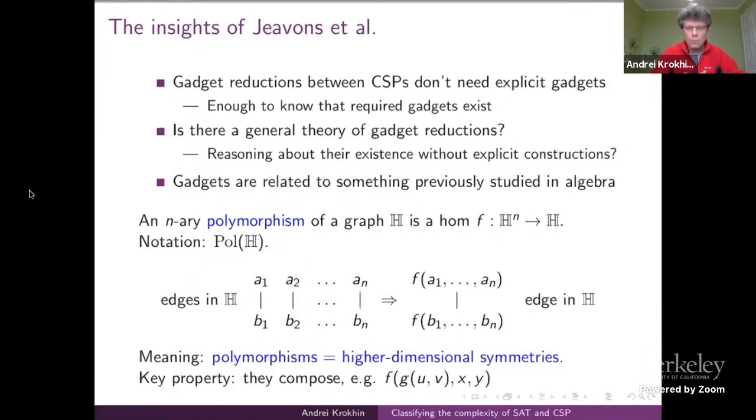The key property of polymorphisms is that they compose: if you take a polymorphism G and another ternary polymorphism F, and you compose them like this, forming, say, a four-ary function, then this function would also be a polymorphism. So you can build larger polymorphisms from smaller polymorphisms by using composition.